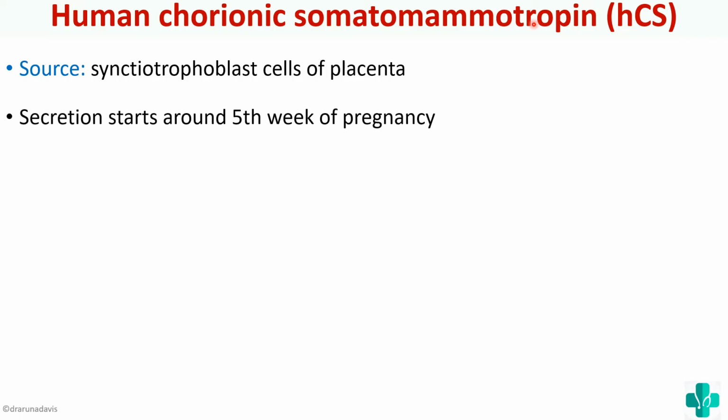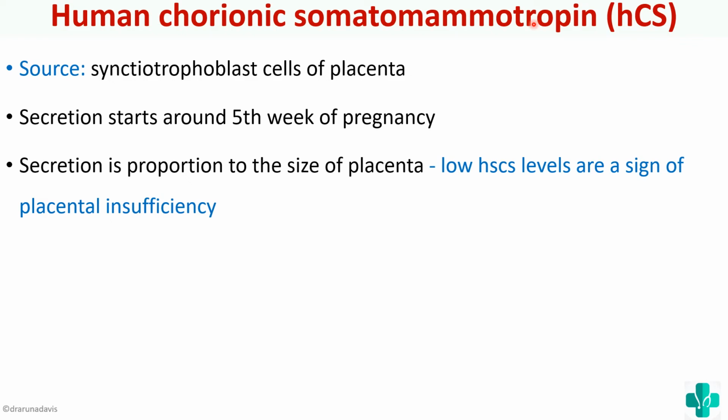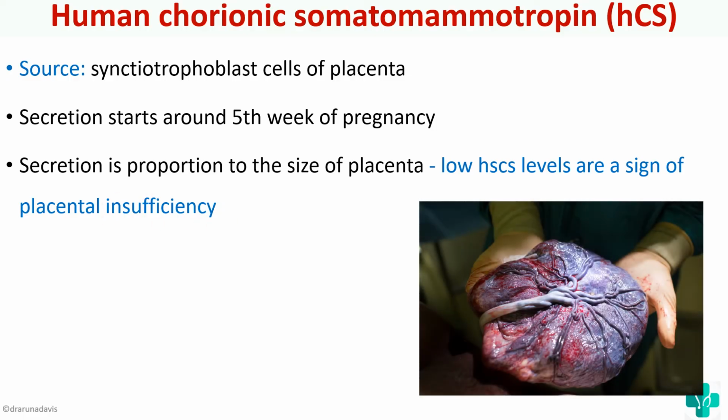The secretion starts around the 5th week of pregnancy, and it is proportionate to the size of the placenta. So only if the placenta is healthy will there be adequate HCS levels. That is why a low HCS level is a sign of placental insufficiency. The placenta should be of adequate size. That is a clinical or applied aspect of HCS.